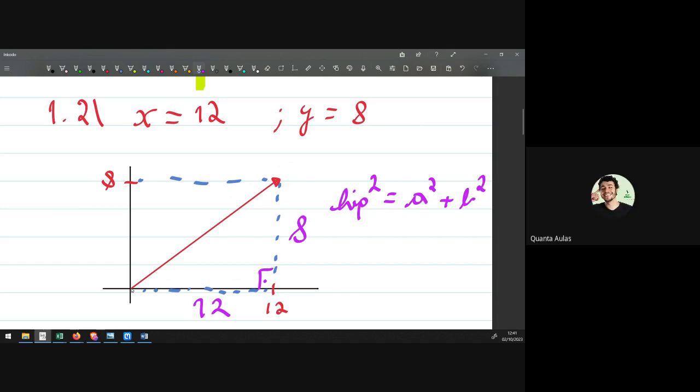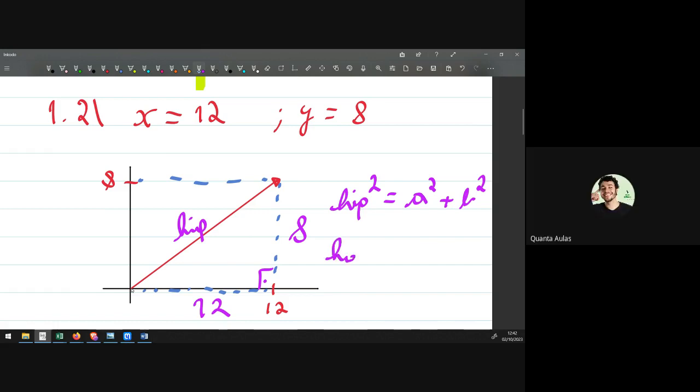Okay, the Pythagoras theorem. We use it all the time in math and physics. Teorema de Pitágoras is the Pythagoras theorem, okay? In this situation, this is the hypotenuse. The absolute value of this vector is the hypotenuse, okay?